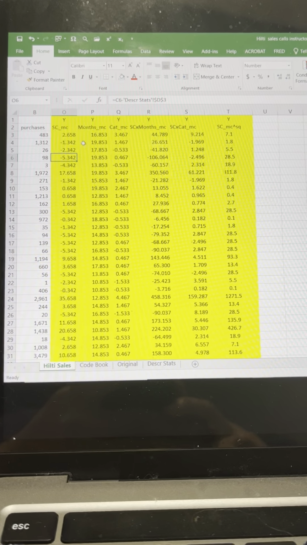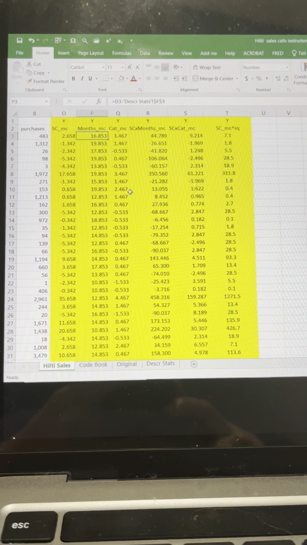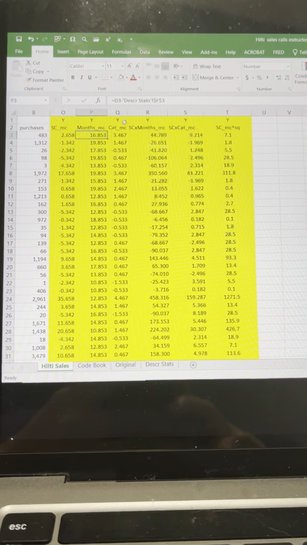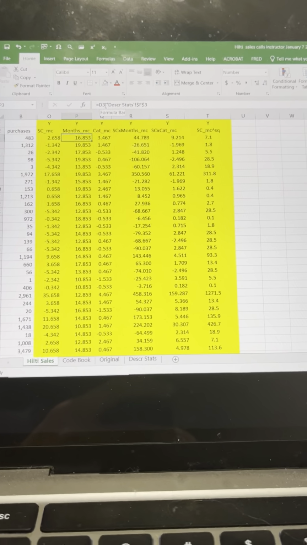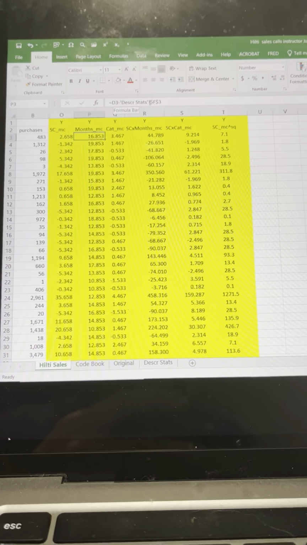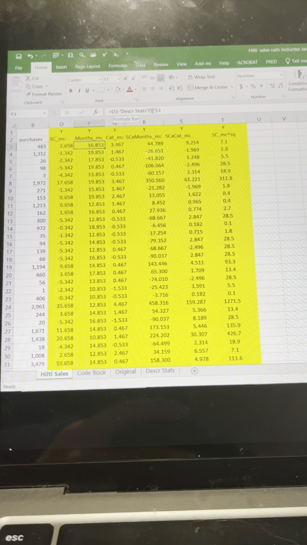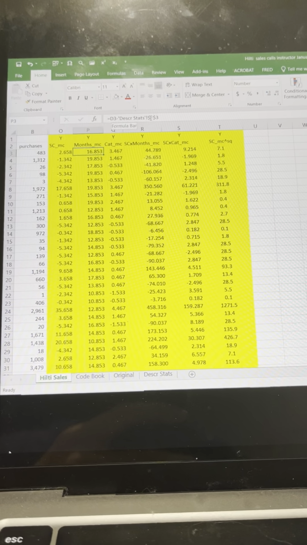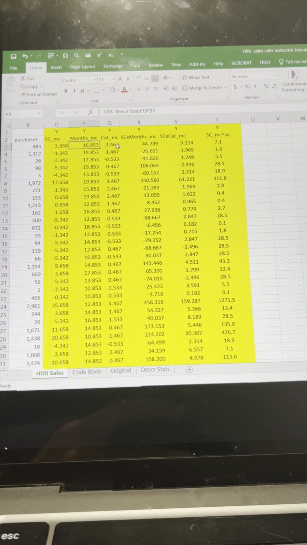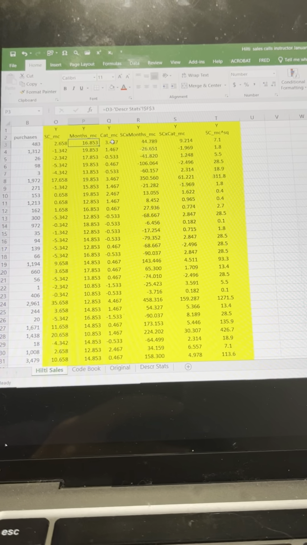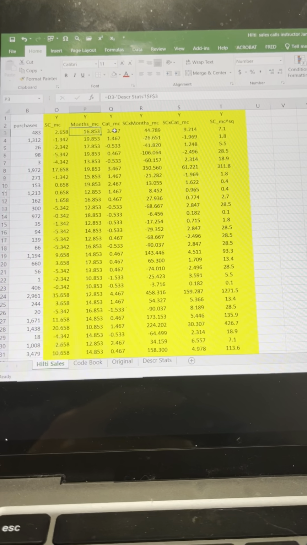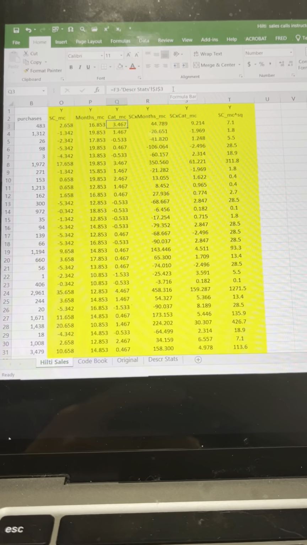Well, I did that for sales calls. I also did it for months. It's taking the number in column D and subtracting the mean number of months, which was 39 something. And then I also took the number of categories that they bought in, and I subtracted its mean.